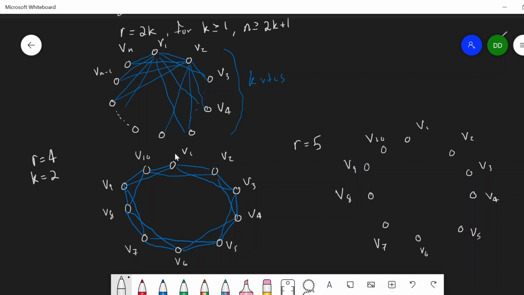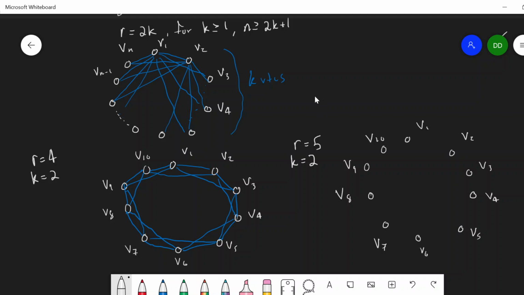So the idea is we'll do the same procedure we did here. We're writing r equals 2k plus 1, so our k here would be 2, which means we're going to make it adjacent to the following 2, as well as the previous 2 in this circular order.